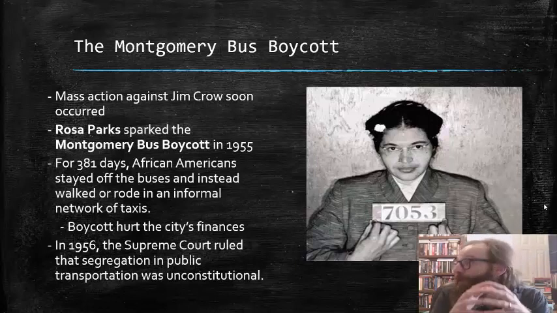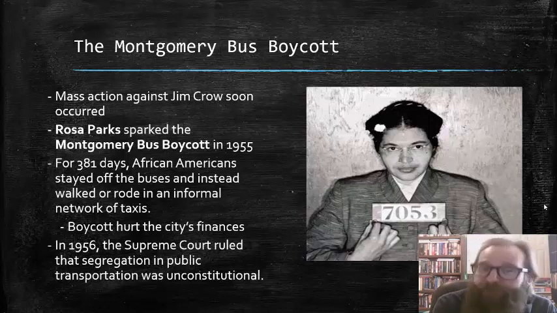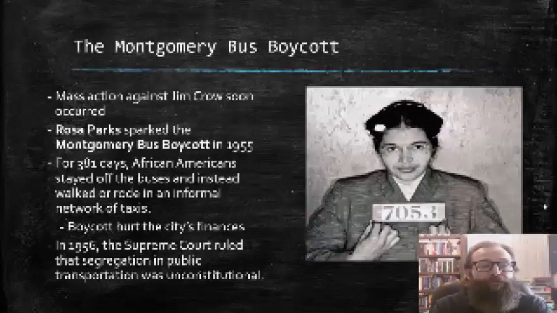And of course, if you want action to occur, you have to hit them where it hurts the most, in the wallets. And that was the goal of this bus boycott, and it worked wonderfully. In 1956, the Supreme Court ruled that segregation in public transportation was unconstitutional.